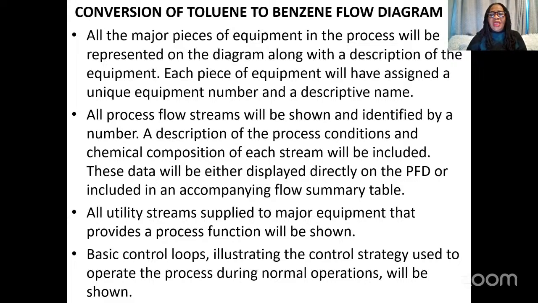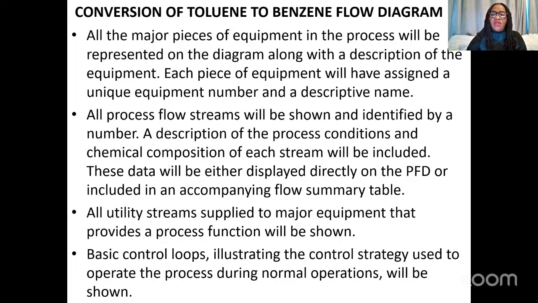This data will be either displayed directly on the PFD, or included in an accompanying flow summary table. All utility streams will also be given. These are the streams supplied to major equipment that provide a process function.